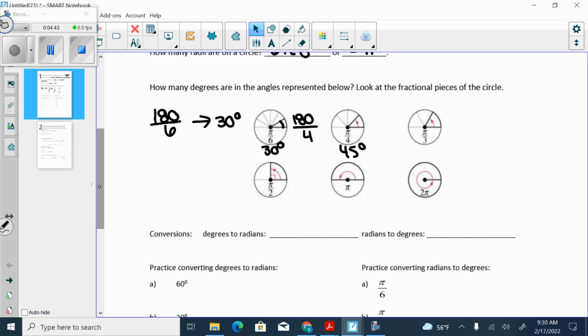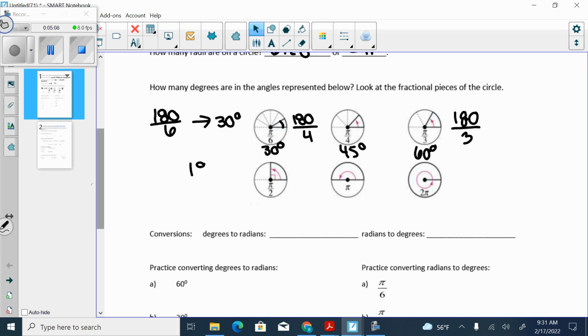All right. And then on this last one, again, we have 180 degrees. This time it's being split into how many sections? So that piece must be how many degrees? Good. All right. Okay, on this second row here, how many sections do they split the top half into?